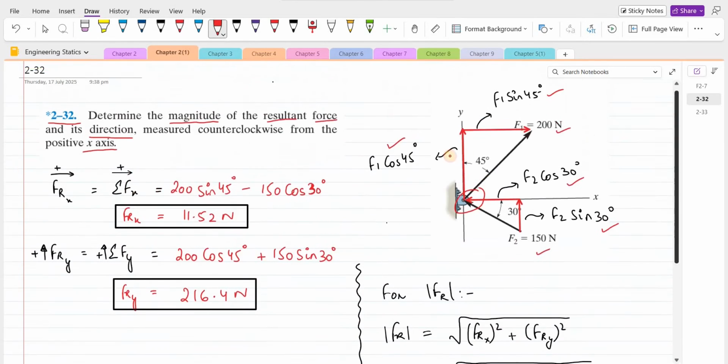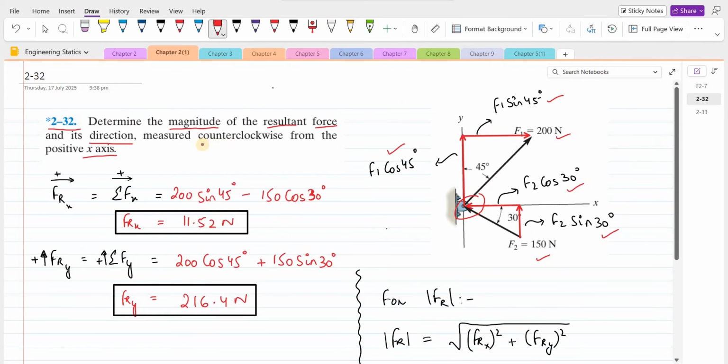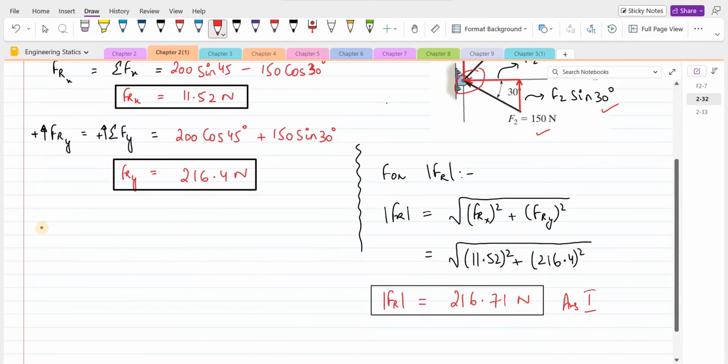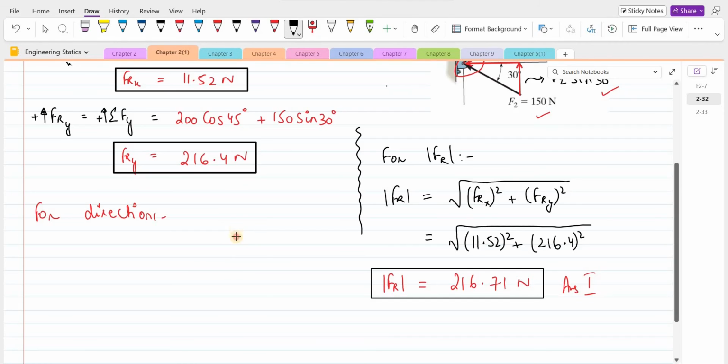We also have to find the direction, measured counterclockwise from the positive x-axis, of the resultant force. For the direction, if I draw the resultant force on the xy plane, it would look something like this.